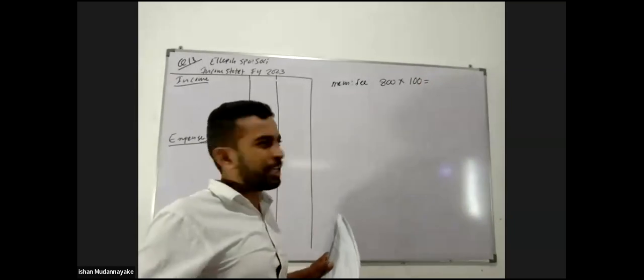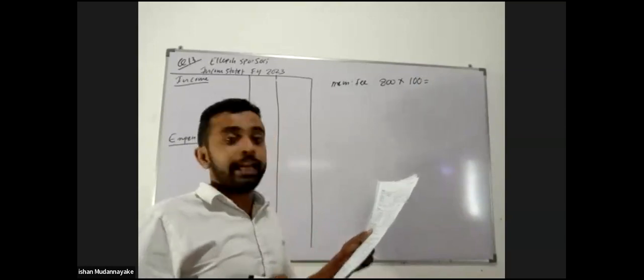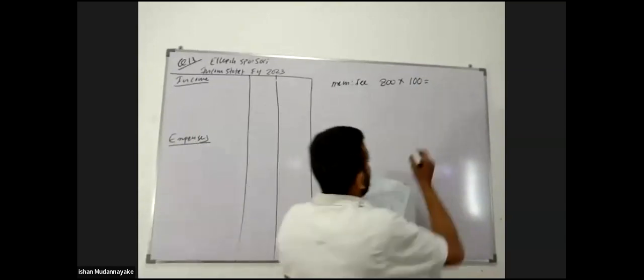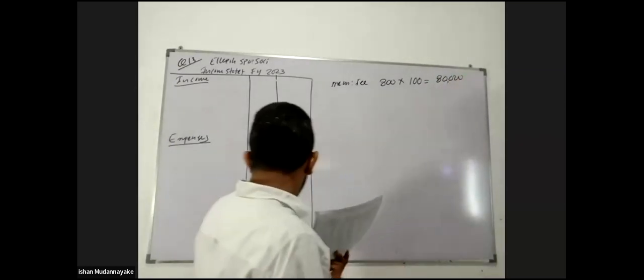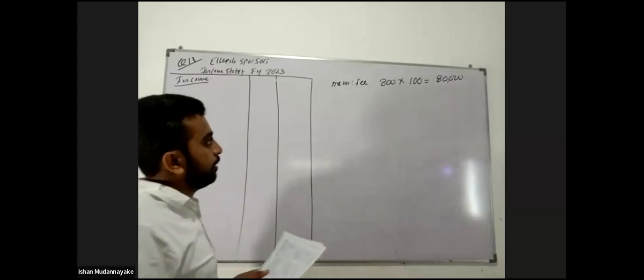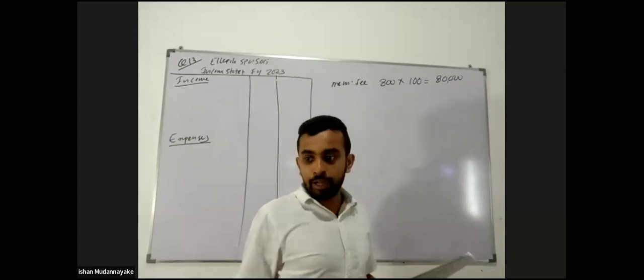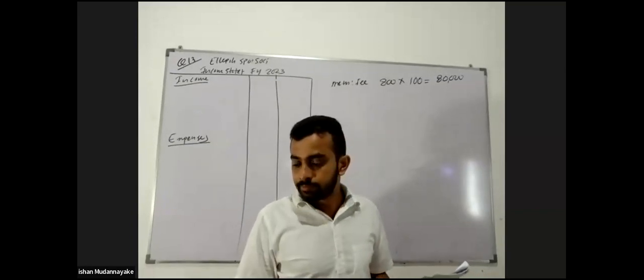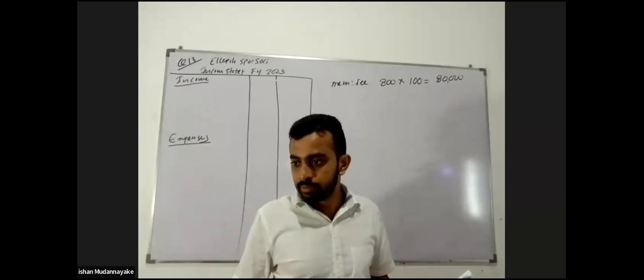Then how much is the annual subscription fee, students? 800 multiplied by 100, that is 80,000. The relevant subscription fee for the period is 80,000. Is it clear, Lenora? Kaushi, is it clear? Yes, sir.